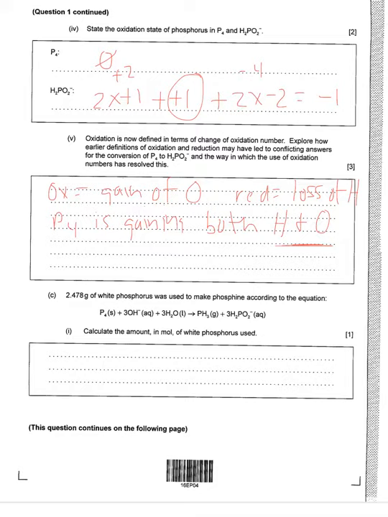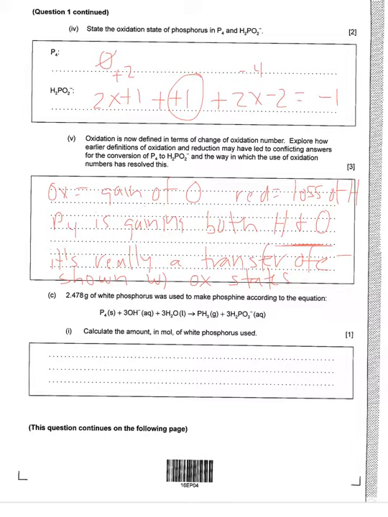So the oxidation numbers make it really clear that it's really the transfer of electrons and then the accompanying change in oxidation number, shown with oxidation states, where that control is being gained and lost of the electrons.